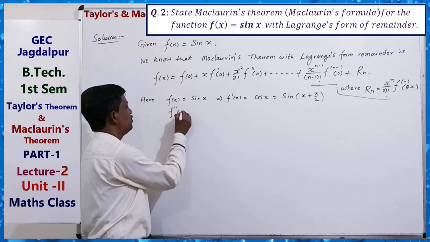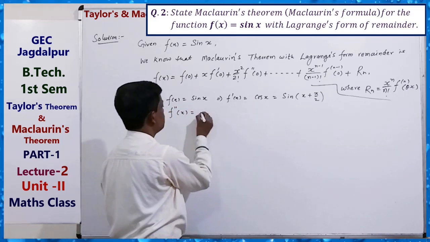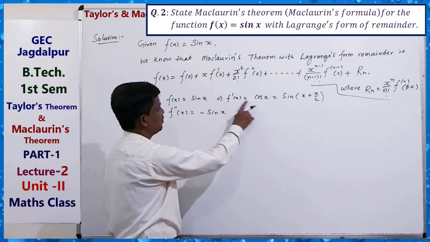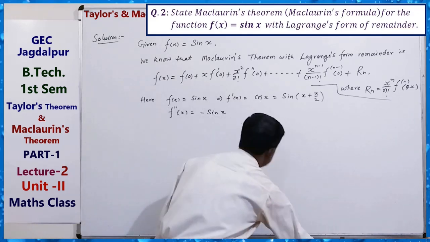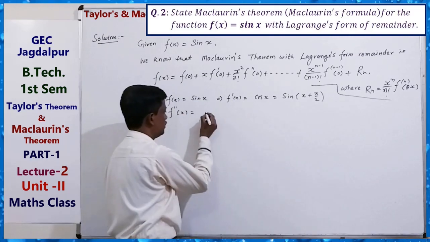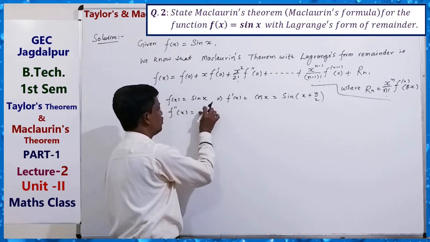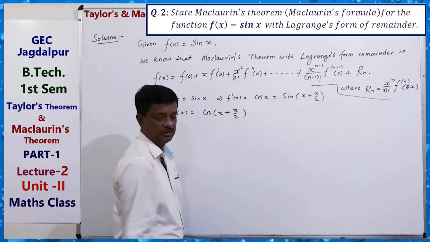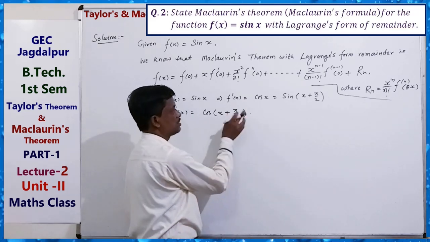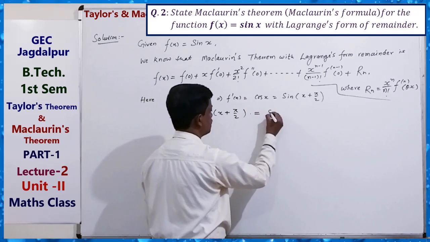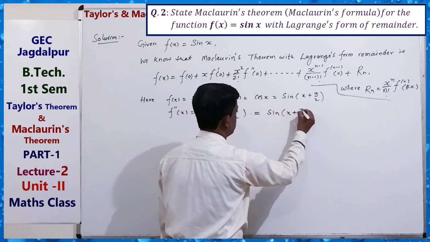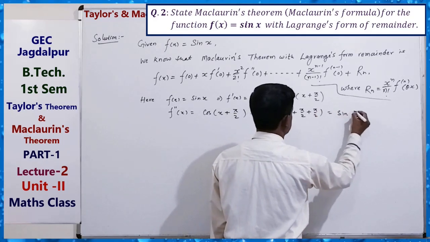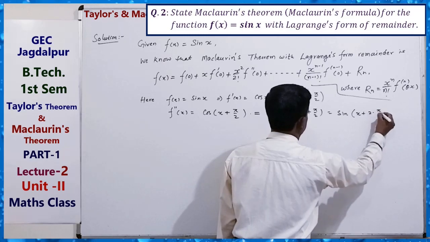Second derivative, differentiate again: minus sin x, which is cos of x plus pi by 2 into 1. So cos of x plus pi by 2 can be written as sin of x plus pi by 2 plus pi by 2, which equals sin of x plus 2 into pi by 2.